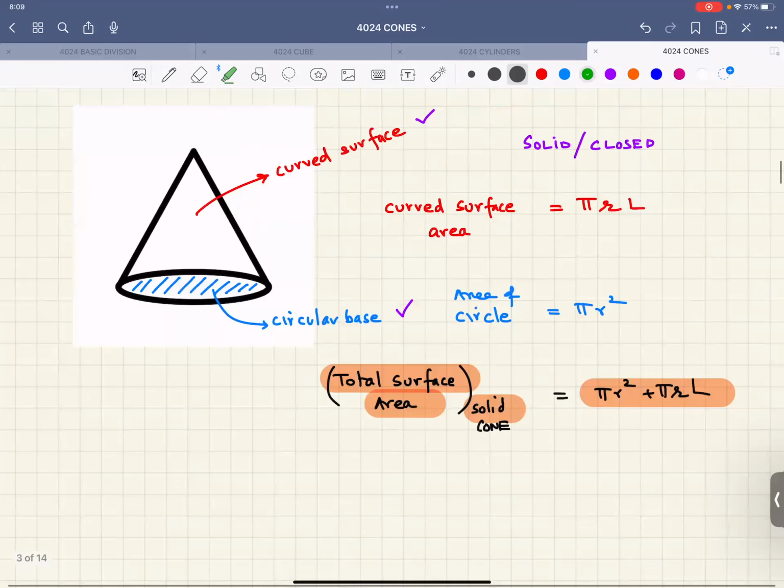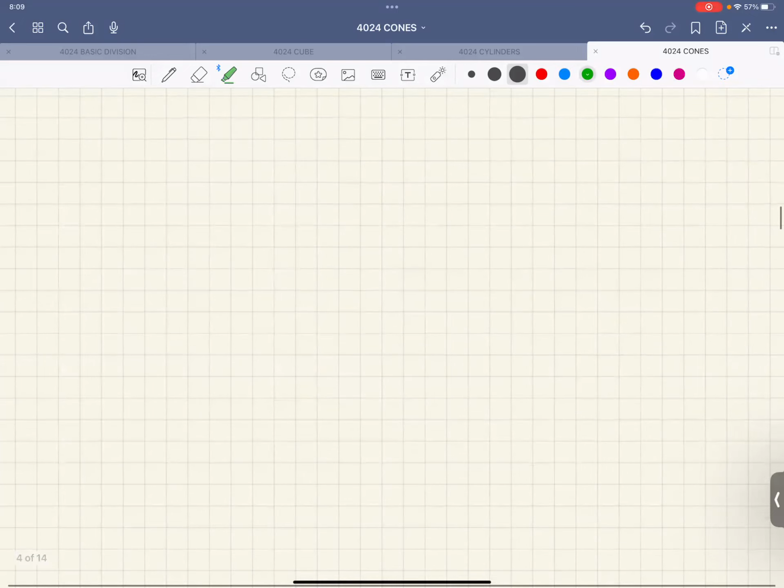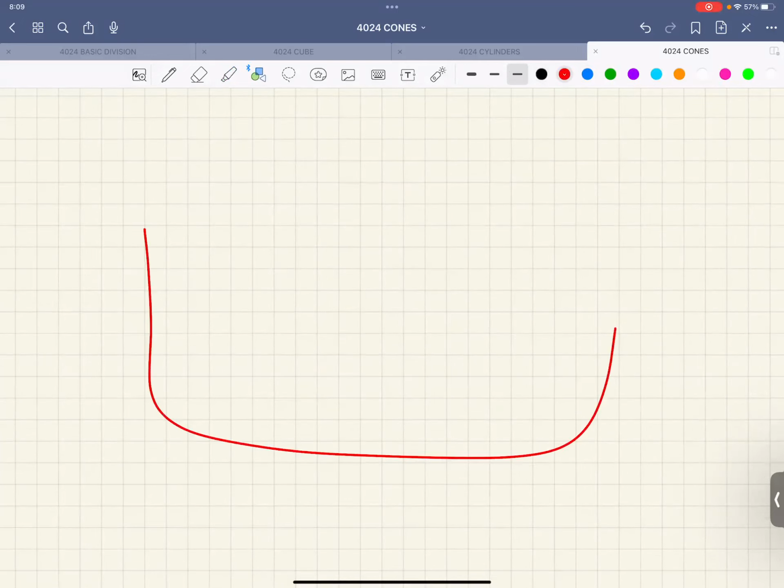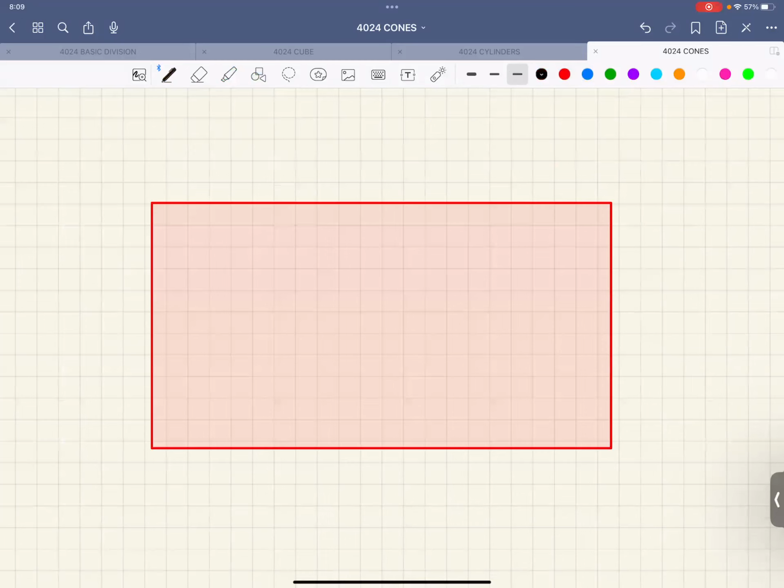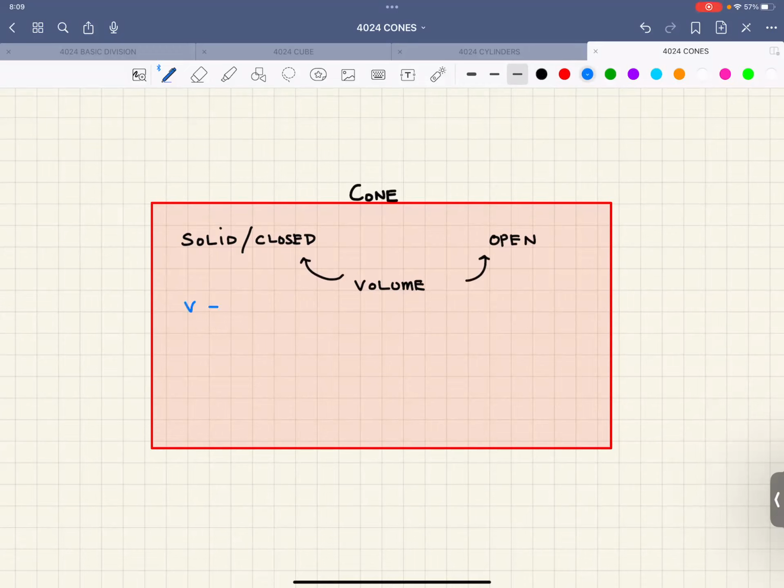Okay. So if I join everything in one place, just like before, let me write cone over here. Let me write solid or closed. Let me write open over here. The volume is exactly the same, whether we are talking about this or this. Volume is 1/3 pi r square h.